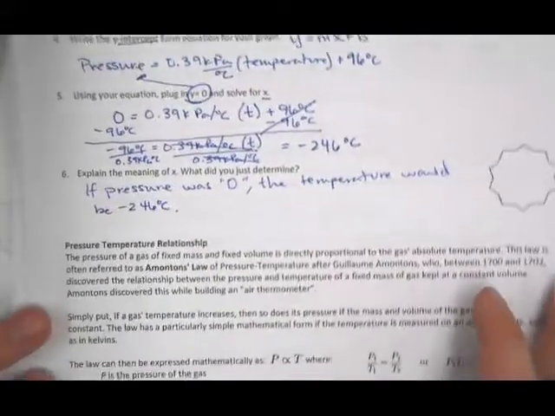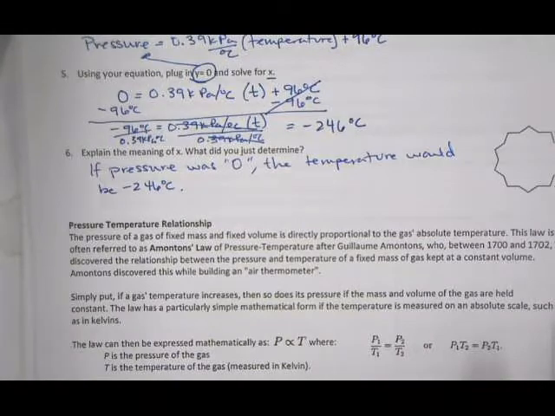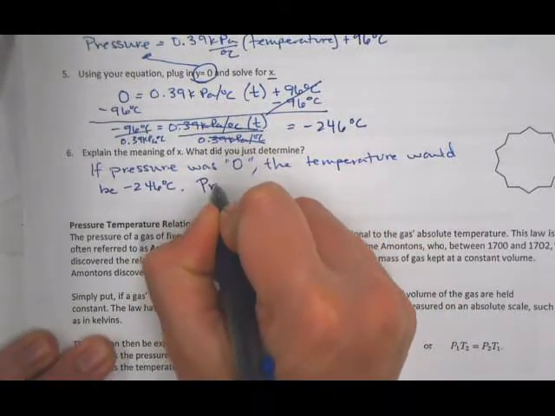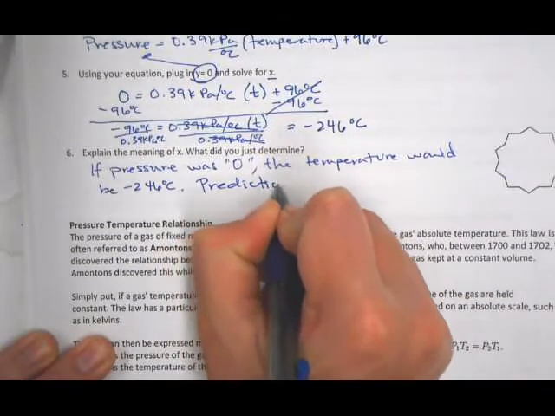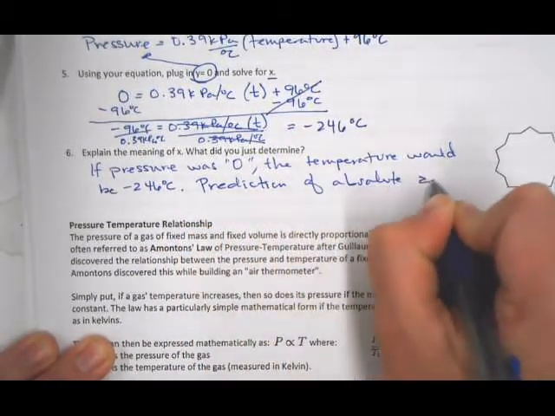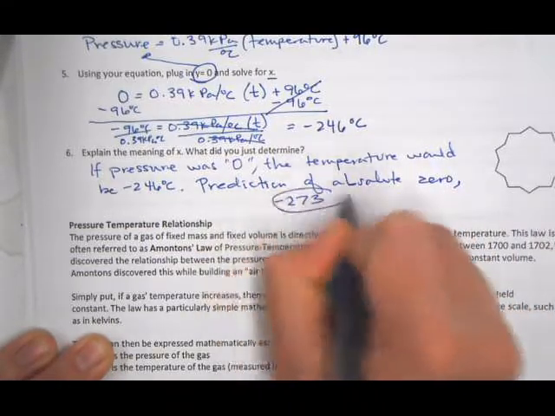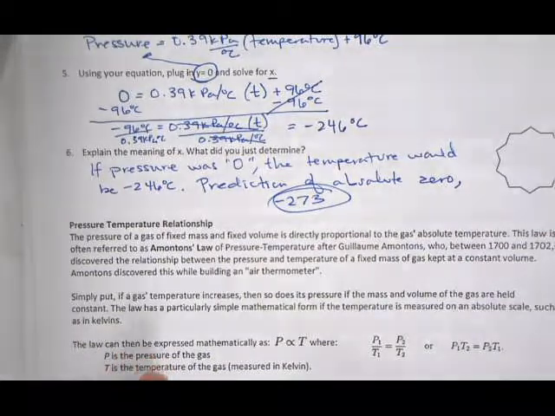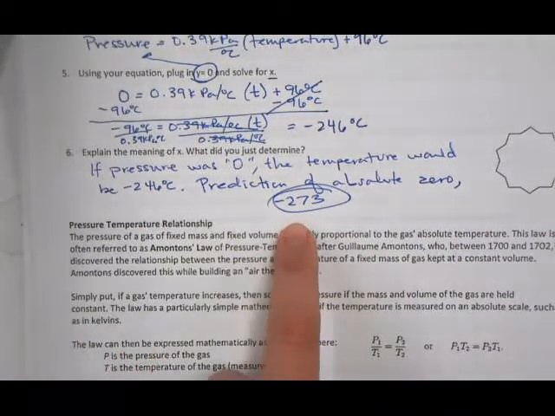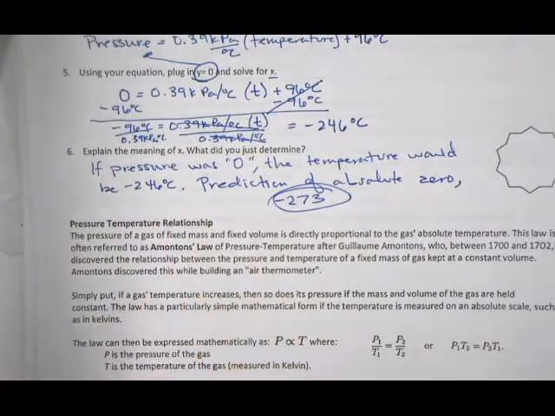We watched the video about how this guy predicted absolute 0. Well, this is how he did it. This is the prediction of absolute 0. However, if we did this over and over again and we were very, very precise, we should have gotten negative 273. The accepted value is negative 273, but we got negative 246. So this is why you do things more than once in science.